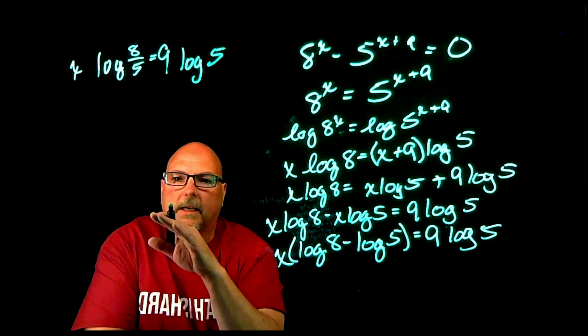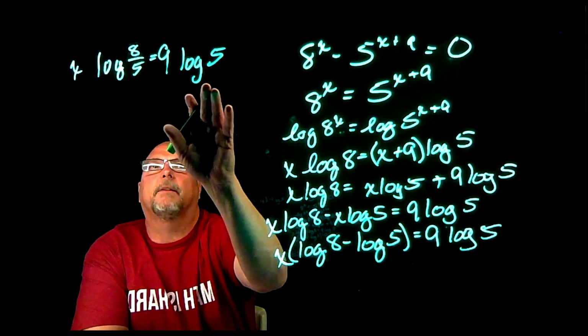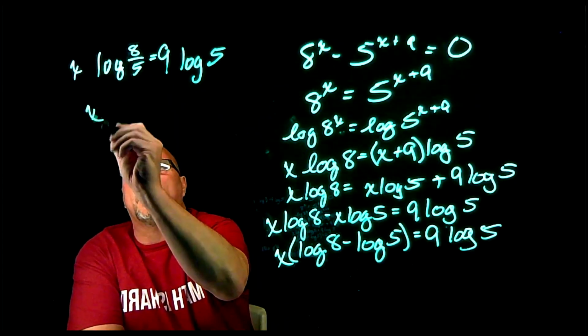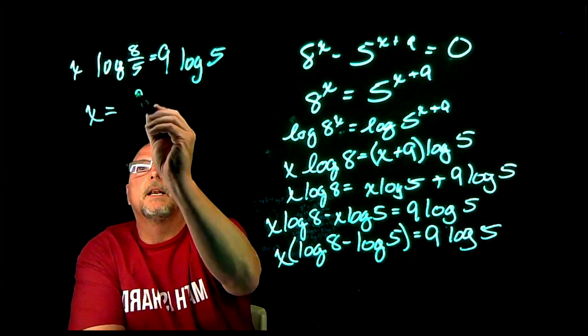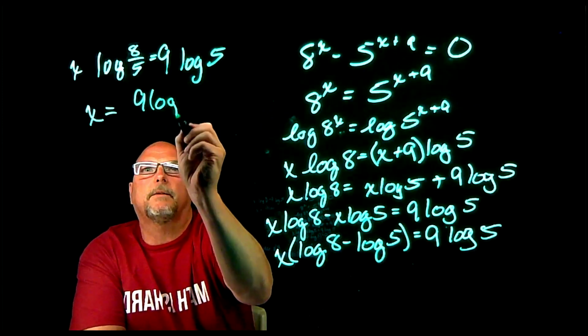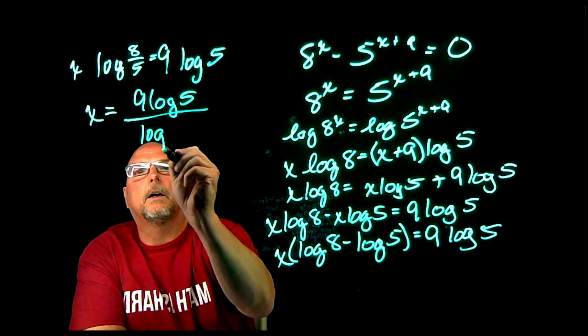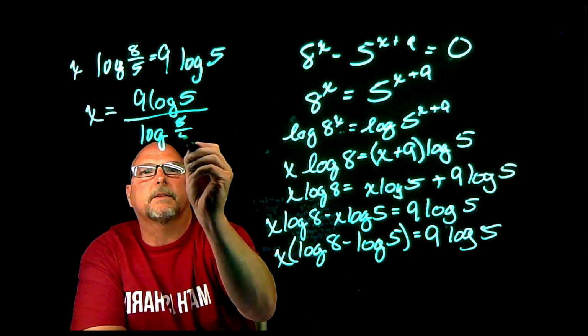So now I can solve for x if I divide both sides by the log of 8/5. So x is going to equal 9 times the log of 5 divided by the log of 8/5.